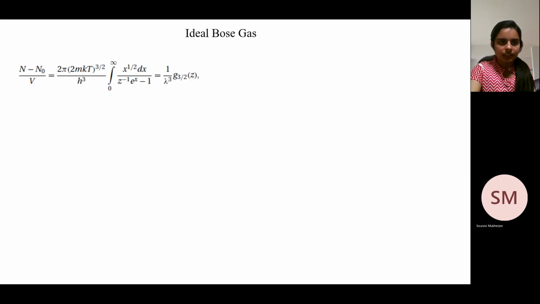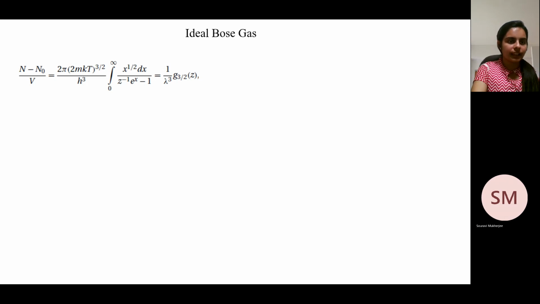Now, if you look closely at this expression, N naught was the number of particles in the ground state, right? And N is the total number of particles. So N minus N naught in a way tells you the number of particles that are in the excited state.